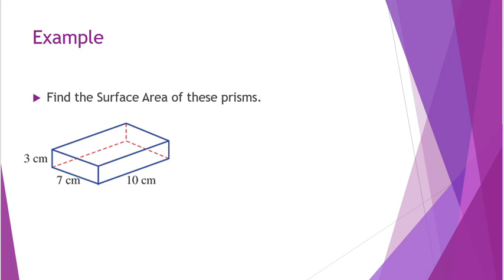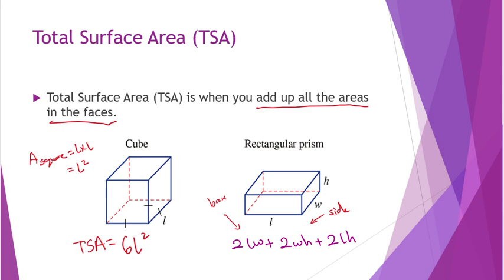For this example here, we have the surface area of this rectangular prism. There are two ways you can do it. You can find the area of each of these little rectangles individually, including the top and the bottom, or you can just use this formula here, which I have provided from this slide.